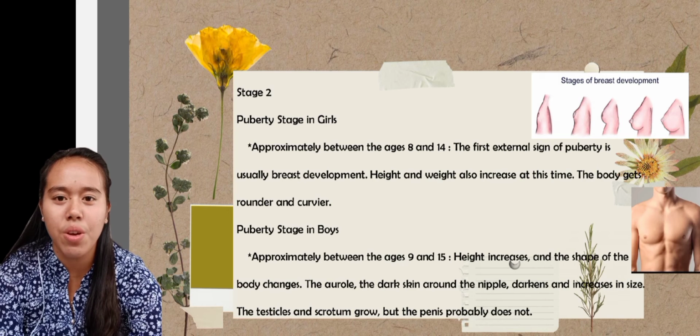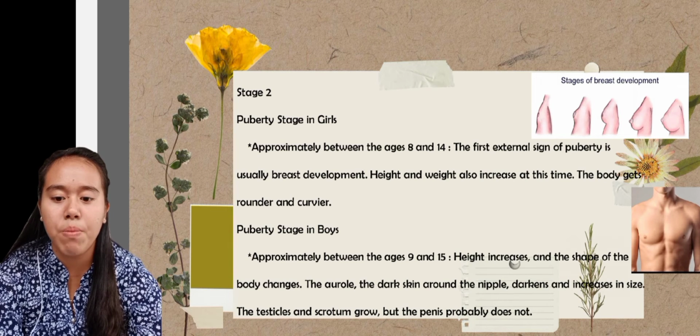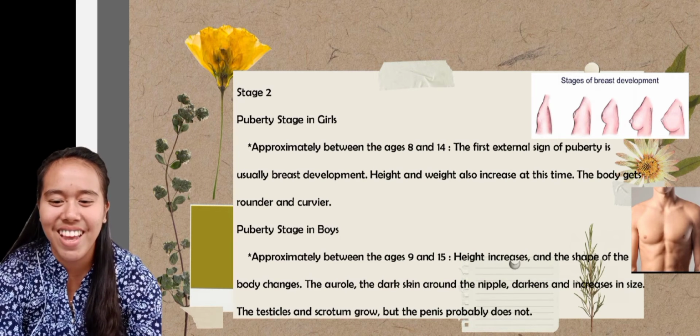For stage 2, puberty in girls, approximately between the ages 8 and 14, the first external sign of puberty is usually breast development. At first, breast buds develop. The nipples will be tender and elevated.